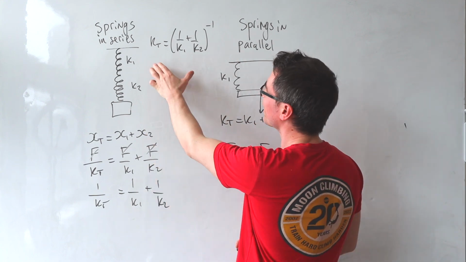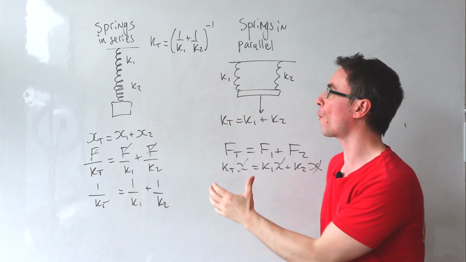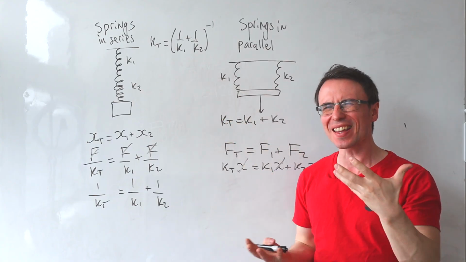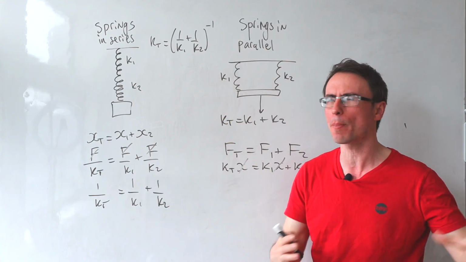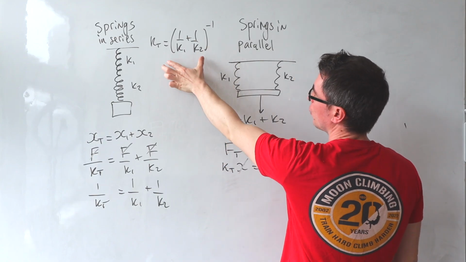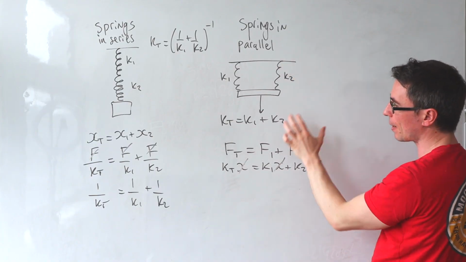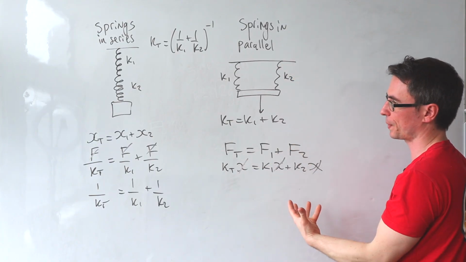If we have springs in series and springs in parallel, the rules for adding the spring constants are kind of the same as adding resistors, but opposite. In series, k total is 1 over k1 plus 1 over k2, all of this raised to the power of -1, and then in parallel, the spring constants are just added.